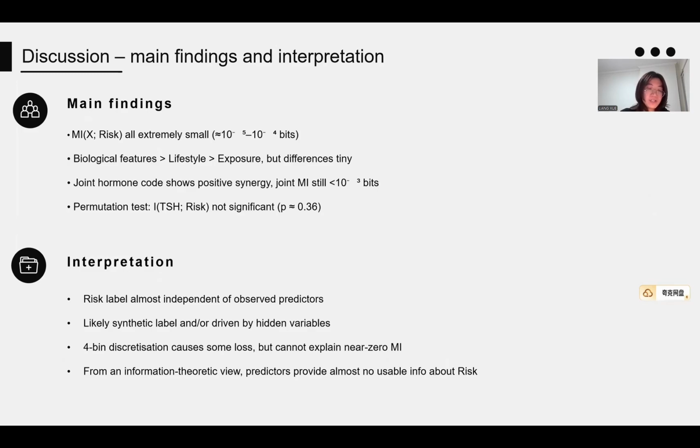In the permutation test for TSH, the observed amount of information falls within the distribution of the randomized label sets, with p equals 0.36. There is no statistically significant association between TSH and the three-level risk label.